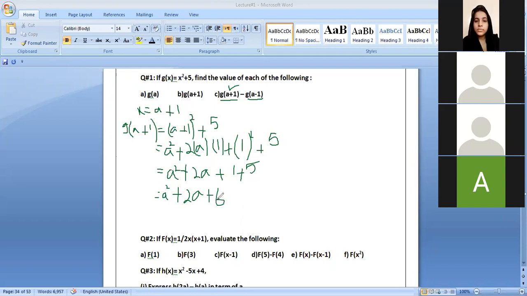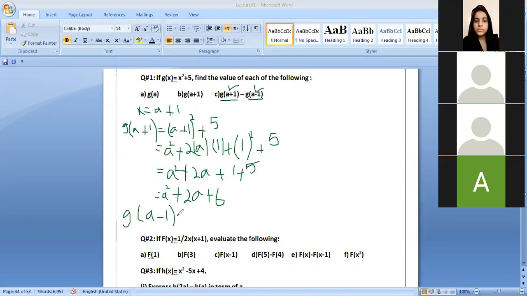This is the solution of g(a+1), but the question is not complete here. Now the second part we have is g(a-1). For g(a-1), we will write a minus 1 in place of x in the question, like this: x is equal to g(a-1).